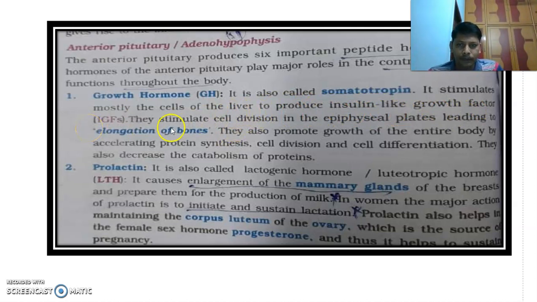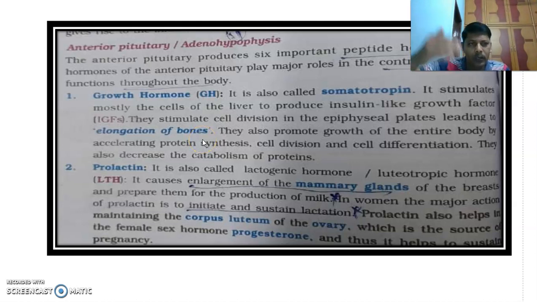Insulin like growth factor stimulates cell division in the epiphyseal plate, leading to the elongation of the bone. You learned in first year that the epiphyseal plate is present in the long bone. The epiphyseal plate is a hyaline cartilage where cell division takes place. That cell division is stimulated by insulin like growth factor, which causes the elongation of the bone.